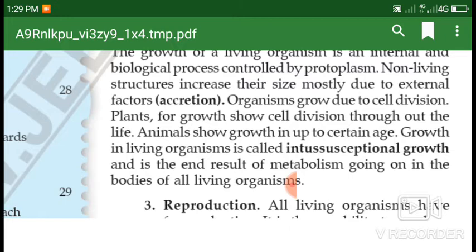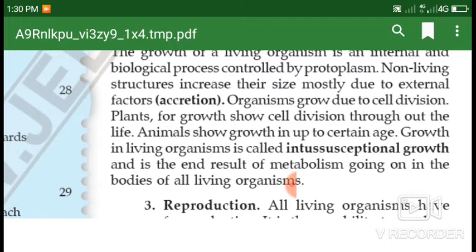Animals show growth up to a certain age, up to the age of maturity, when the individual grows fully and then growth is restricted. That phase is called the restricted phase or maturity phase.